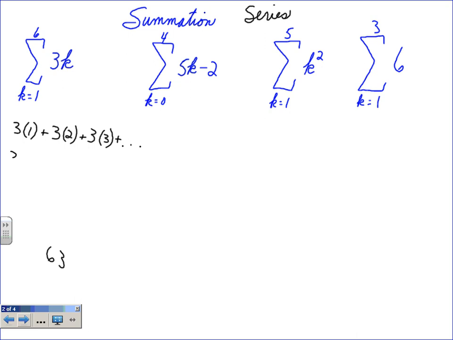So we would have 3 plus 6 plus 9 plus 12, 15, 3 times 6 is 18, and you would add up those numbers to get 63. Three plus 6 is 9, 9 plus 9 is 18, 18 plus 12 is 30, 30 plus 15 is 45, plus 18 is 63.